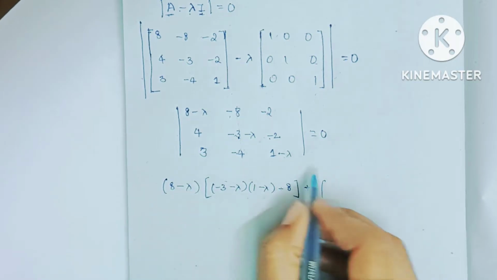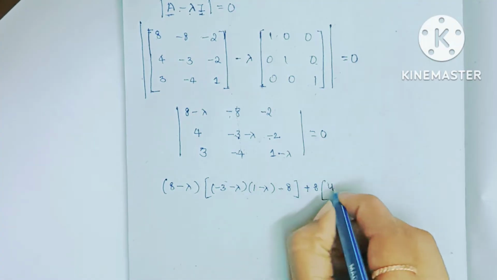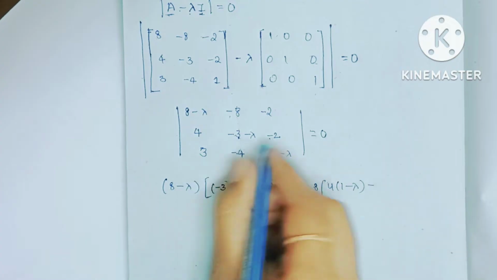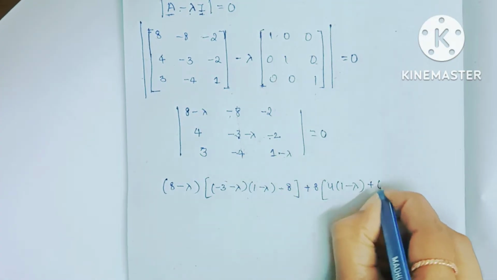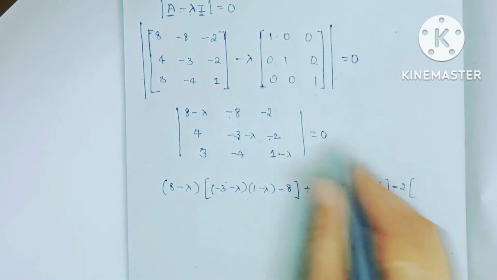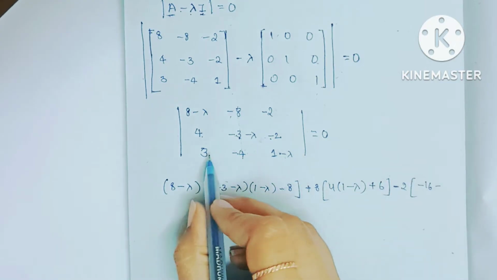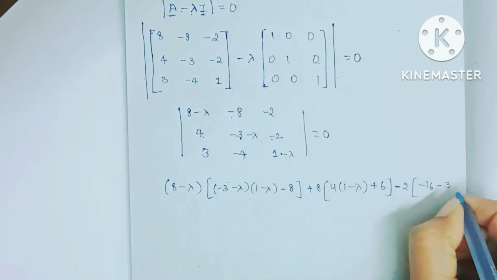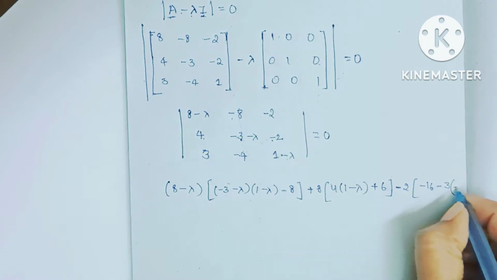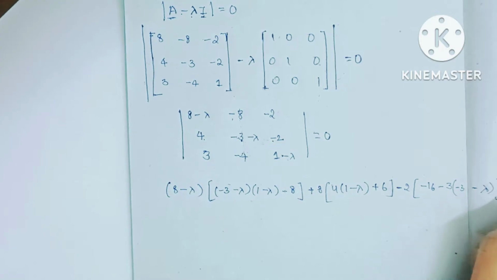So 4 into 1 minus lambda, minus, here minus into minus plus, 3 into 6. Minus 2 into, here 4 into 4 is 16, minus 16, minus 3 into this one, so 3 into minus 3 minus lambda, which is equal to 0.